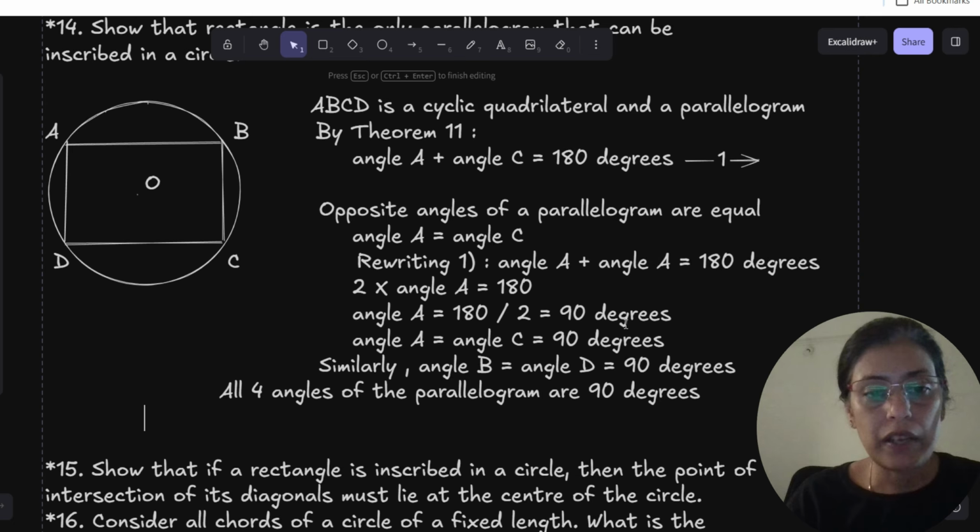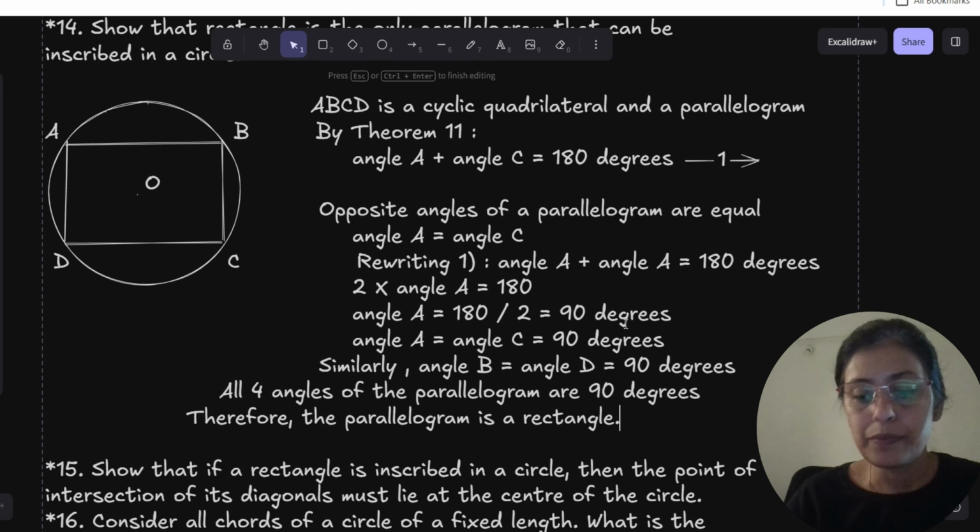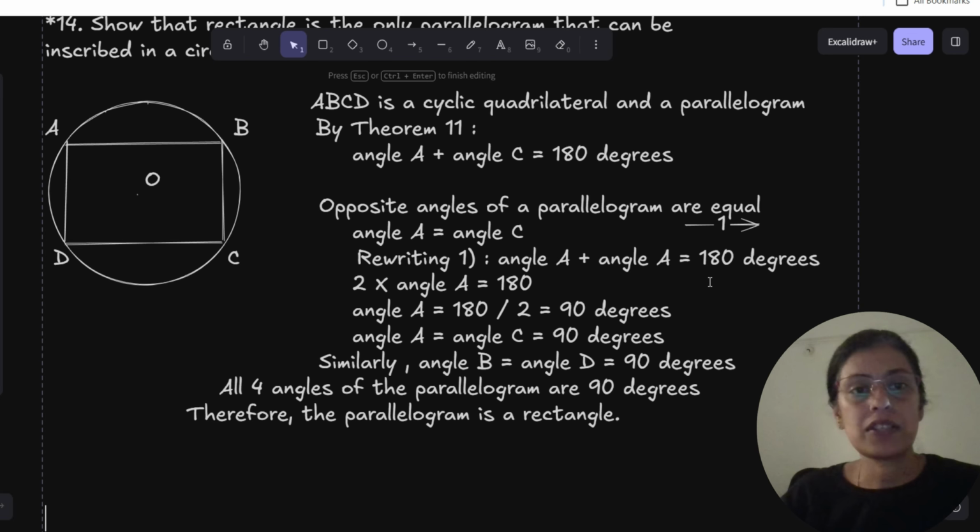So that is why, therefore, the parallelogram is a rectangle, right? So that is how we can prove it.